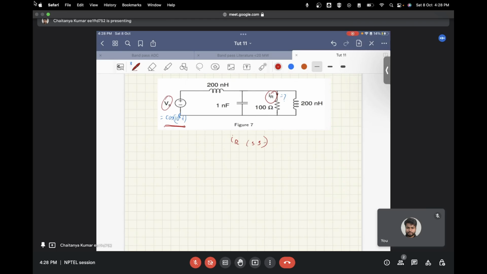In that, the impedance of the inductance becomes sL, where s is replaced by j omega.